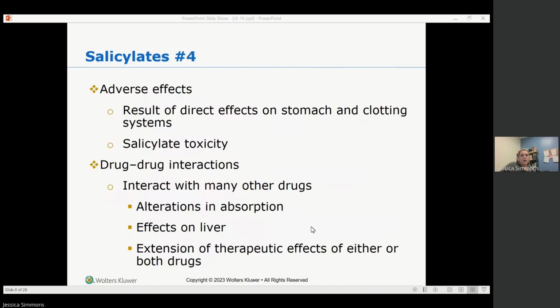Adverse effects are a result of direct effects on the stomach and clotting systems, and also salicylate toxicity. I want you to know the signs and symptoms of salicylate toxicity, okay?